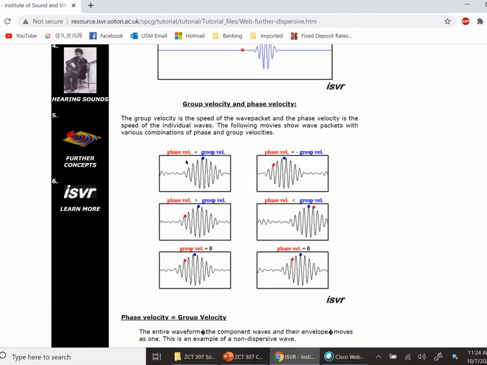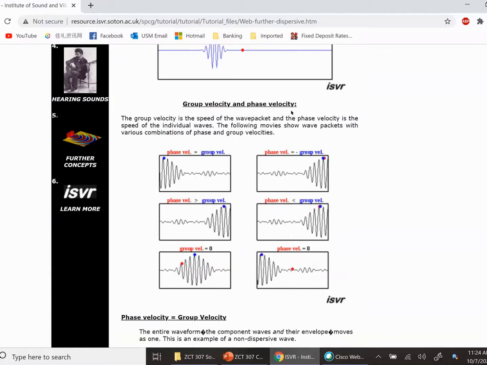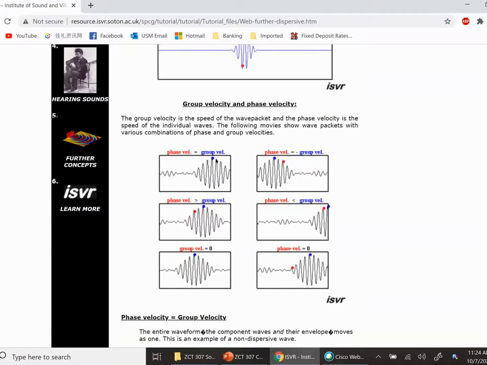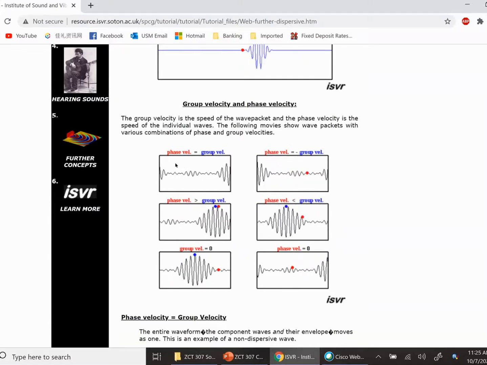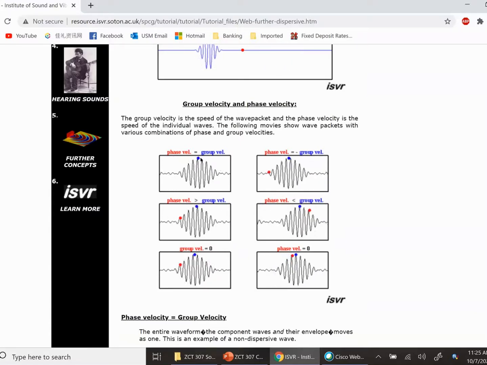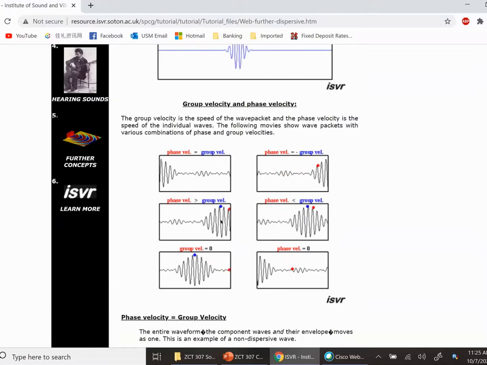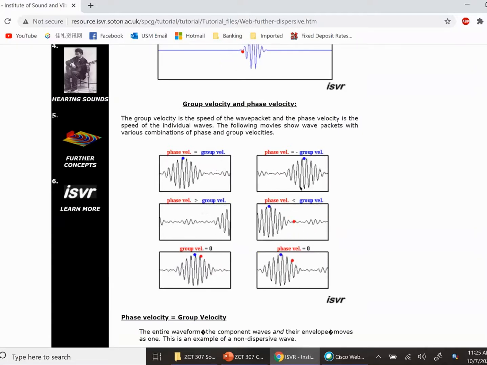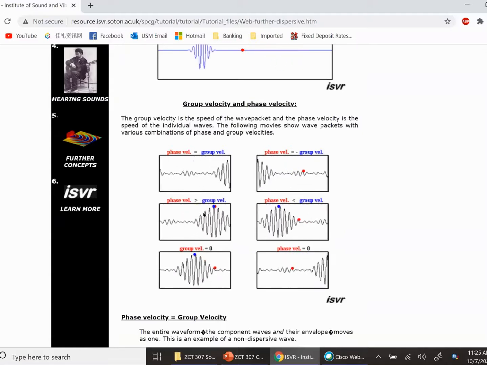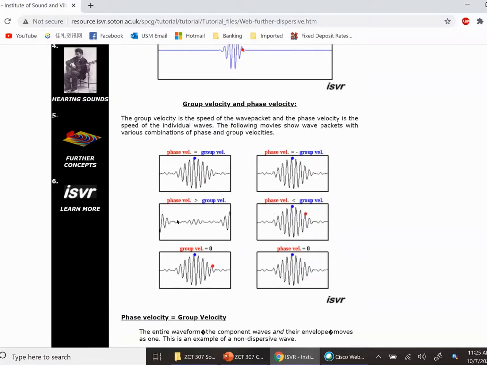Okay, this is another example to explain what is group velocity and phase velocity. So see, when group velocity and phase velocity are the same, you can see that the blue one actually goes with the wave. But for the second one, you see that the phase velocity is larger than the group velocity.